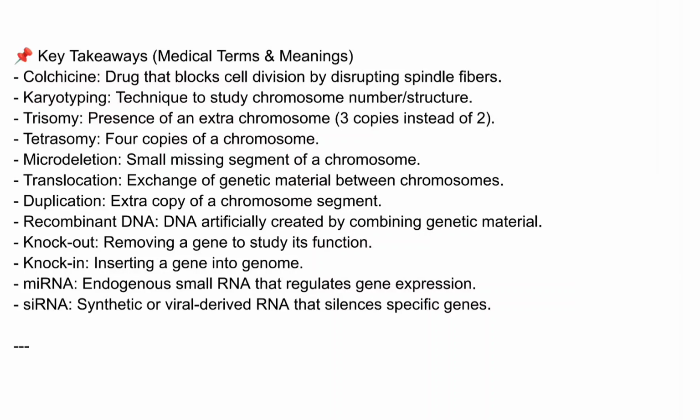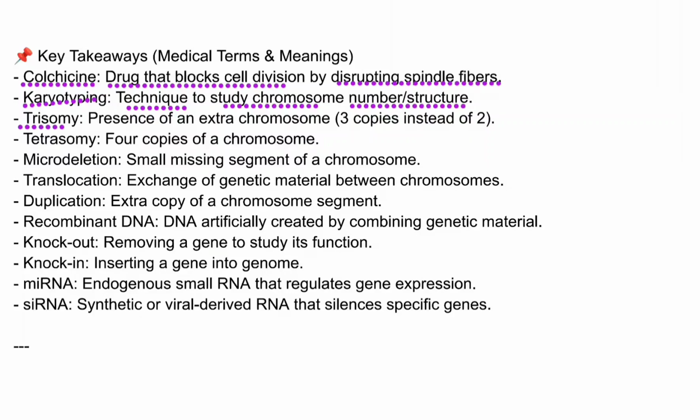Now we will discuss key takeaways and important medical terms used in our lectures and their meanings. First, colchicine. It is a drug that blocks cell division by disrupting spindle fibers. Karyotyping is a technique to study chromosome numbers and structure.